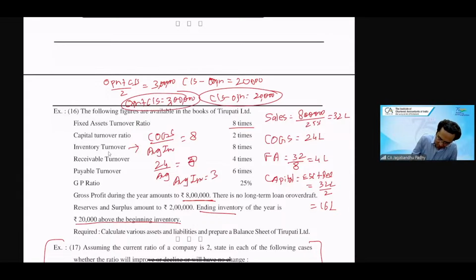So opening is 2 lakh 90,000 and closing is 3 lakh 10,000. Just solve both equations.